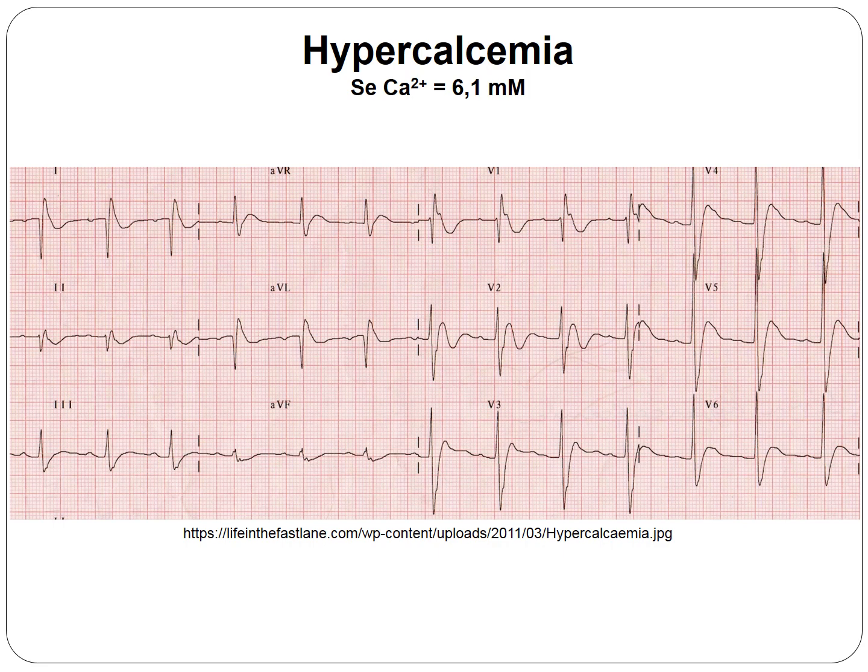In the next ECG tracing, we see that the rhythm is regular. The heart rate is around 80 beats per minute. We do have a sinus P wave, and the P is a little bit flat.